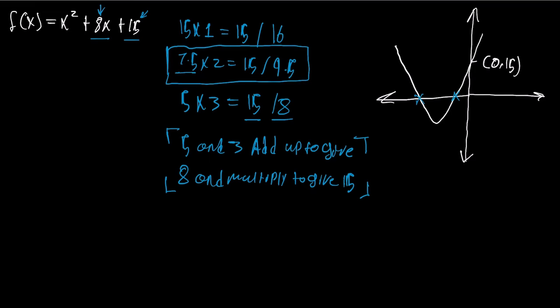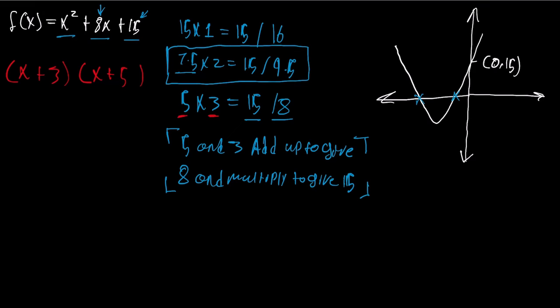So now we need to factor. Factoring is basically compressing it. We have numbers that add up to 8 and multiply to 15. But now what about x squared? Here's what we're going to do. I'm going to do brackets in red: a bracket with x and a positive sign, and another bracket with x and a positive sign. Now I take my number 5 and put it in one, and my number 3 and put it in the other.